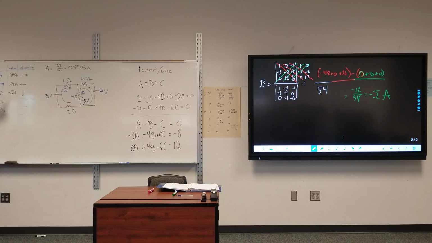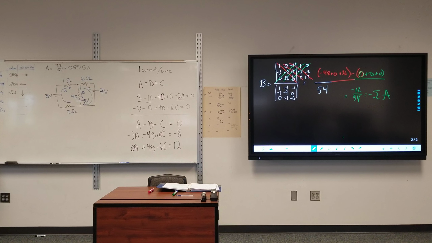Or you could say 0.22 amperes going up. So it's negative down or positive up. Some students will write the negative 0.22 and then go, oh, that means it's going up, and then write up over here. No, you change them both, or you don't change either of them.